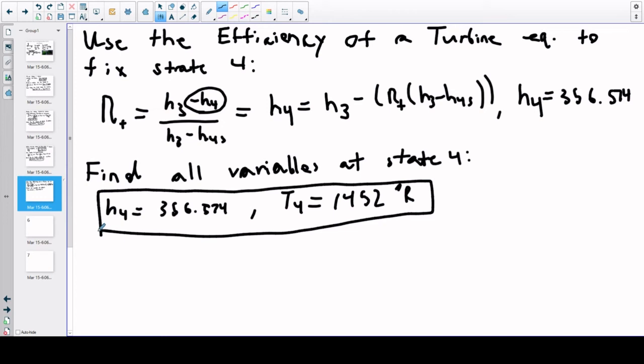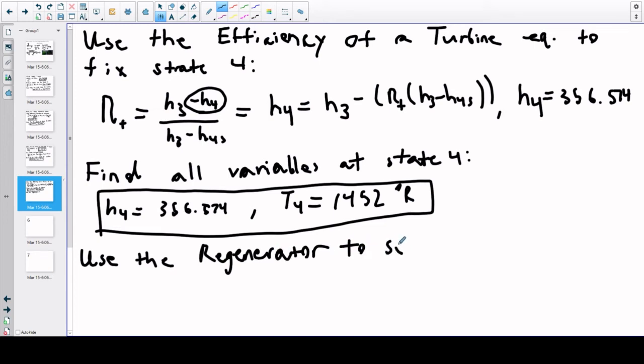Okay, and so now that we have H4, we have 1, 2, 3, and 4. We need X, and so basically we need to solve for the regenerator. This is the next part. In this situation, we use the regenerator to solve for the state X, which is right before the combustor.